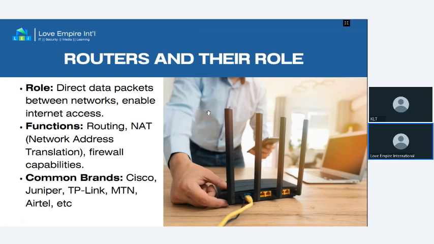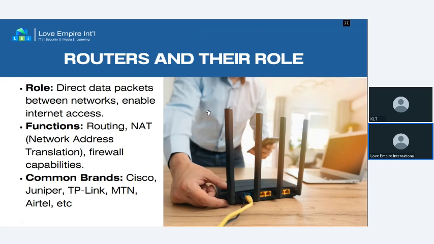Then some of our internet service providers are also making routers, like MTN. They have their own router. Glo has routers, Airtel and maybe 9mobile. All these other networks have their own routers as well.